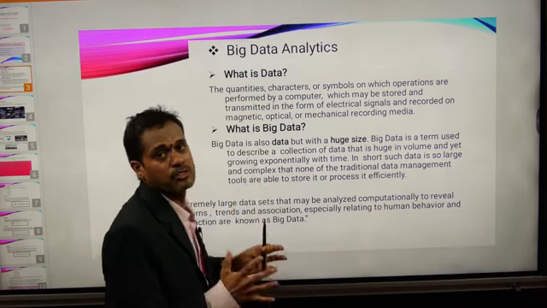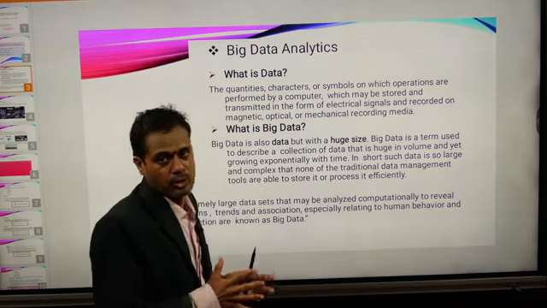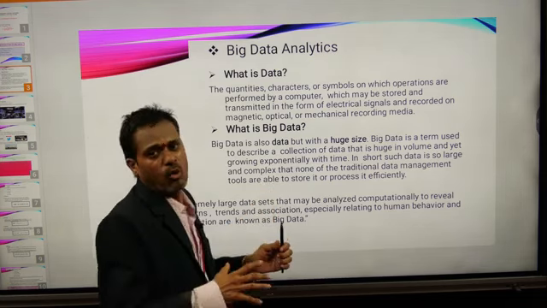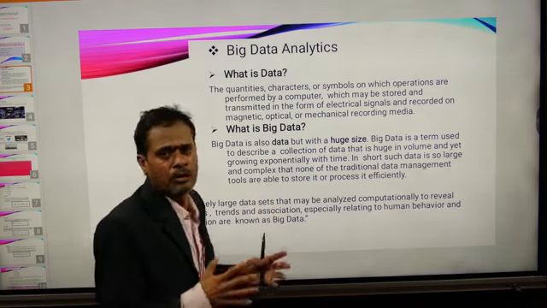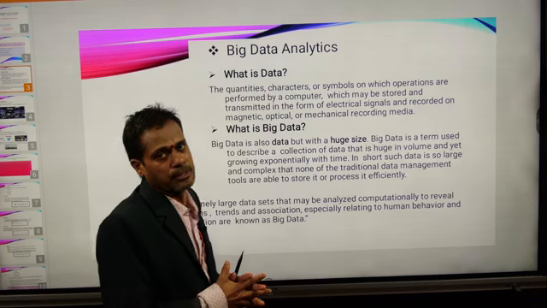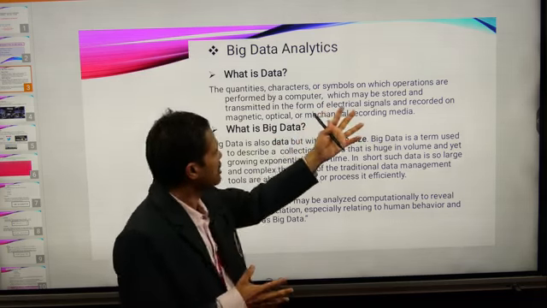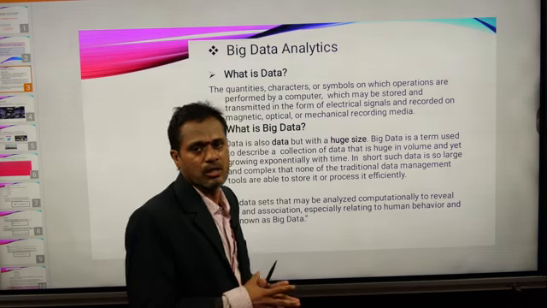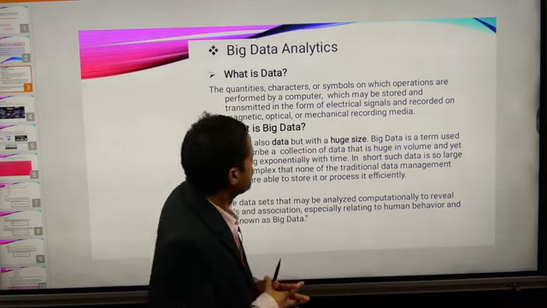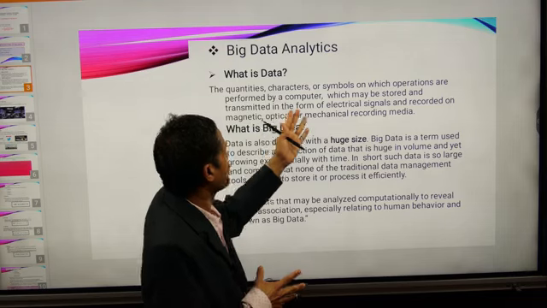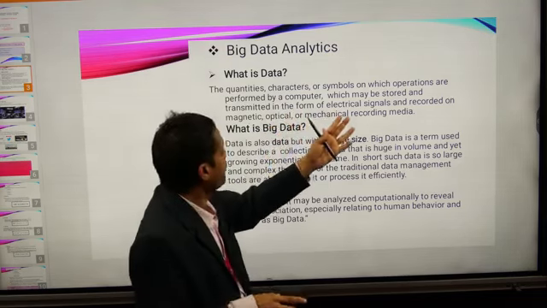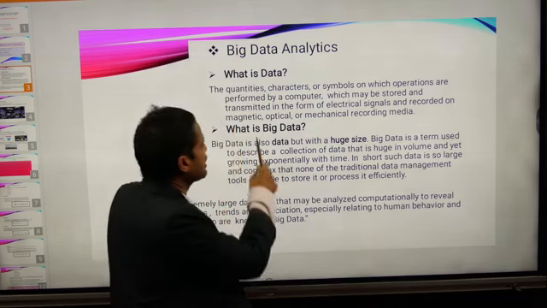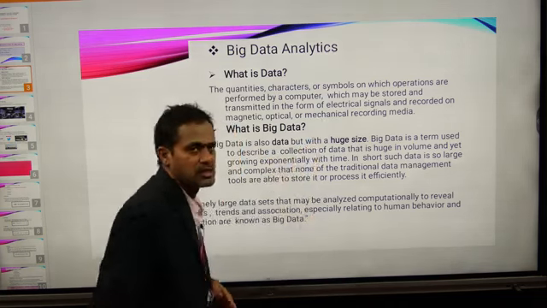Quantities mean how large the size of the data stored in the system is. Characters mean what kind of different types of data you are using. Symbols mean different types of things such as images or videos. These are the things on which operations are performed by a computer, and which may be stored and transmitted in the form of electrical signals.